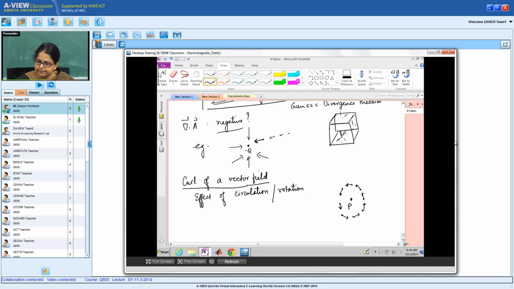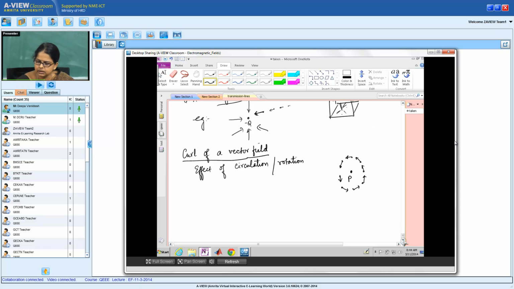I will give one more practical example for curl. I take two plates of a capacitor, straight parallel plates. Let us say one has plus Q charge, the other side has a minus Q charge.